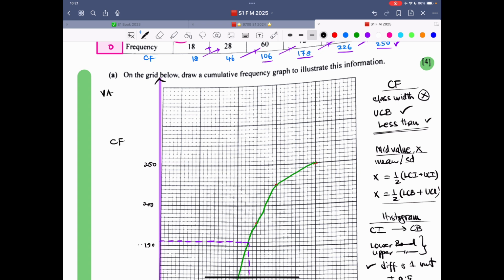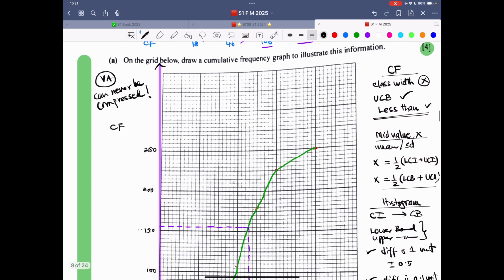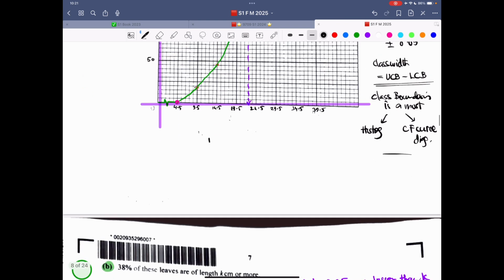So vertical axis can never be compressed. A lot of people ask all these questions at the last moment. So here are the answers. And the horizontal axis, yes, it can be compressed. And even though the space was very less, I still did the compression.